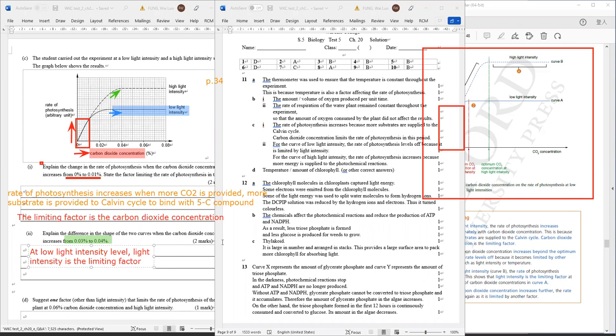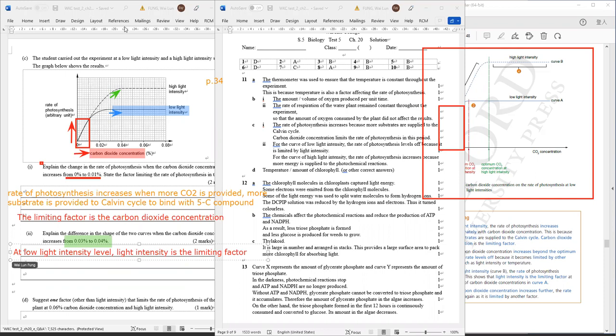In other words, even when you provide more and more carbon dioxide, light intensity is a limiting factor. That means if you don't change your light intensity, no matter how much CO2 you provide, you cannot speed up photosynthesis. So light intensity is a limiting factor, but not the CO2.